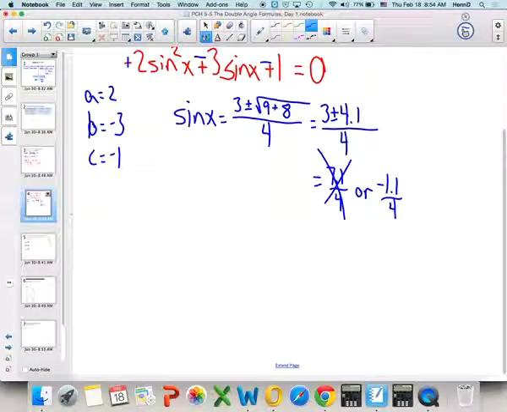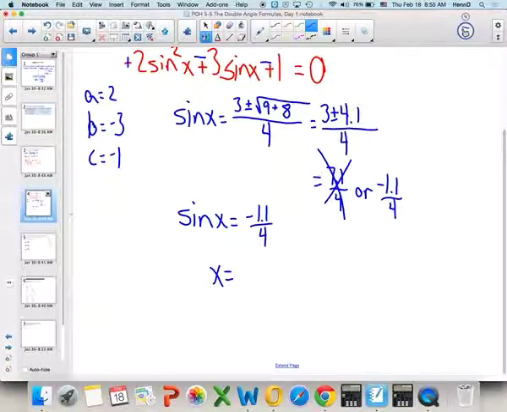And now I just have a case where I'm going to need to use my calculator to use the inverse sine, but I know sine of x is -1.1 over 4. Okay, so I know my quadrants are going to be 3 and 4. What do you get when you plug into the calculator?